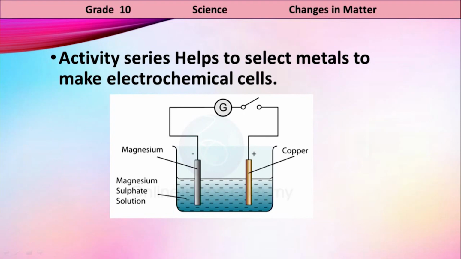Look at this picture, magnesium and copper. Magnesium is the higher reactivity metal, that's why it is used as the anode or negative terminal. Copper is the lesser reactivity metal, that's why it is used as the cathode or positive terminal. Likewise, we can identify the electrodes used in electrochemical cells by using the order of the metals in the activity series.